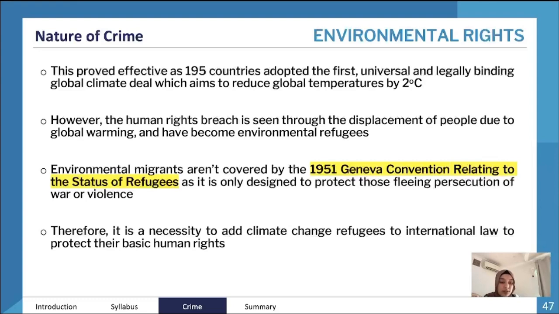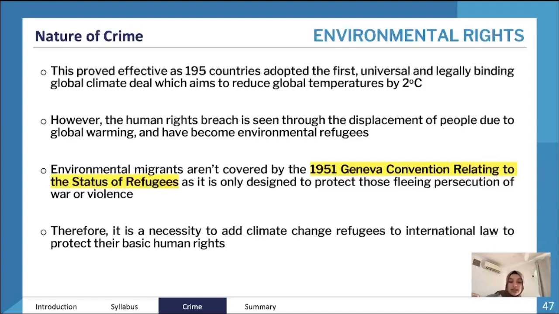So this is definitely an argument that you can make. Environmental migrants aren't covered by the Geneva Convention, as it is only designed to protect those fleeing persecution from war or violence. So environmental refugees or migrants are not covered under that, which can again be an area that you can argue is ineffective in the system.